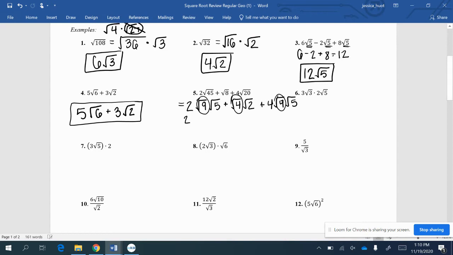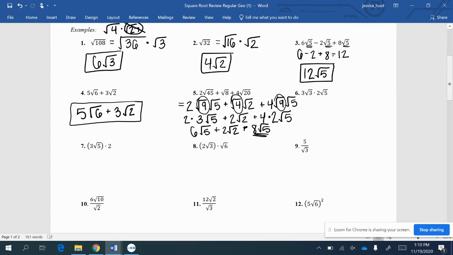So I get 2 times 3 times the square root of 5 plus 2 times the square root of 2 plus 4 times 2 times the square root of 5, which is 6 square root of 5 plus 2 square root of 2 plus 8 square root of 5.